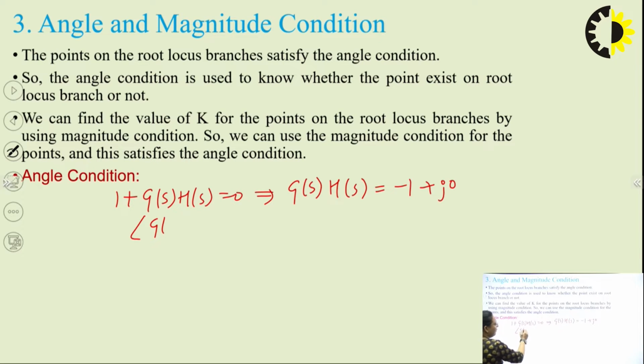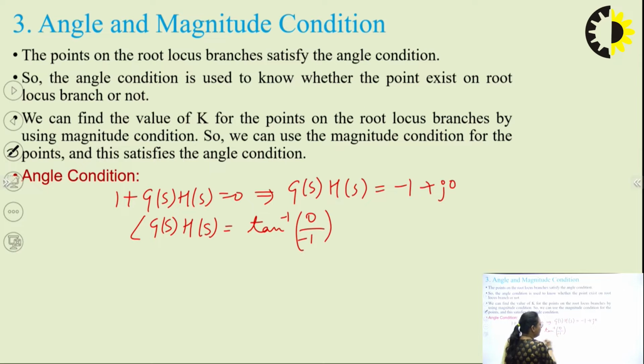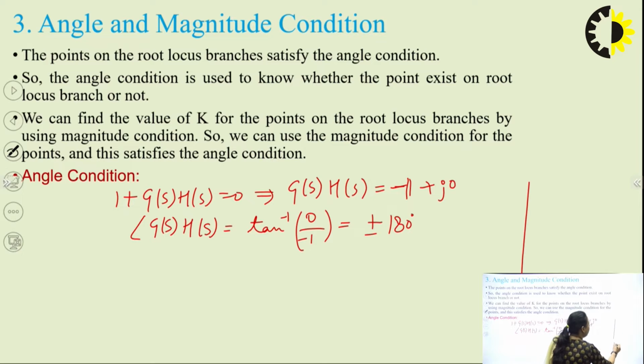The angle for G(s)H(s) can be written as tan inverse of 0 upon minus 1. So what will be tan inverse 0? Can I write it plus minus k 180 degree? Why so? Because if I plot this point, I get minus 1 here. So I am writing plus minus 180 degree just because of this point.